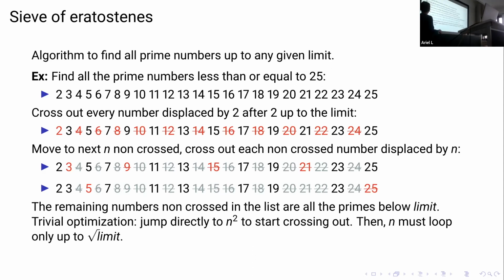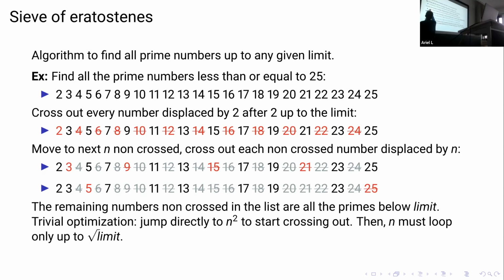From 1 to the limit, we know that 1 is not a prime and by definition 2 is the first prime number, so we take 1 out of the list. Then the algorithm consists of taking the first element of the list and moving through the list in displacements that are multiples of this element.